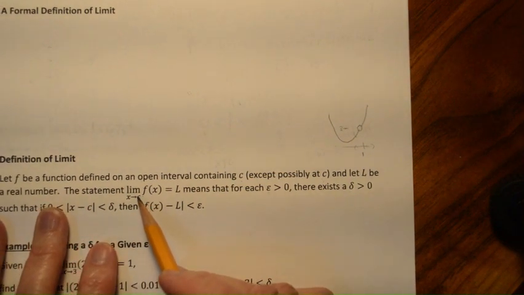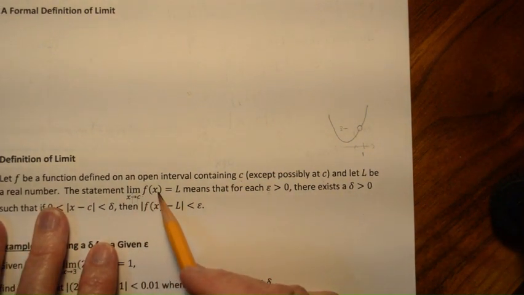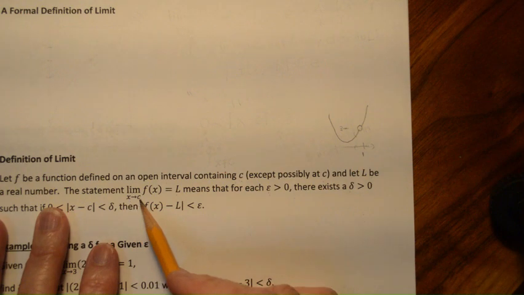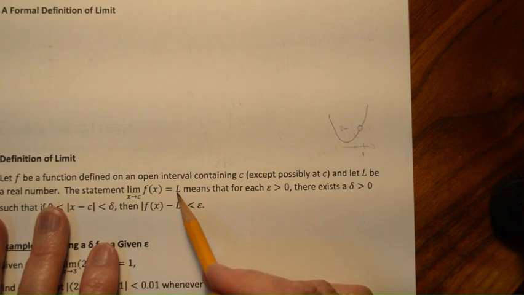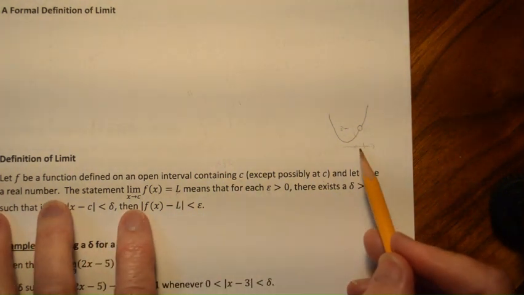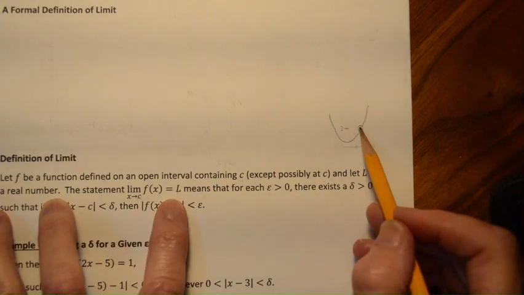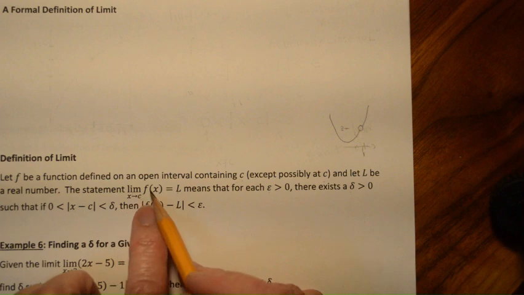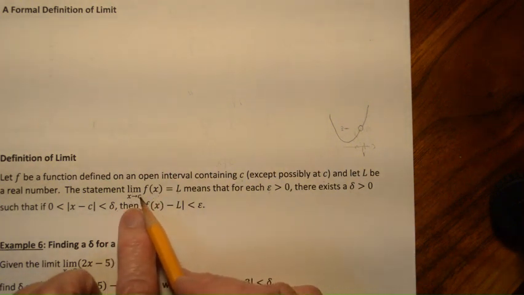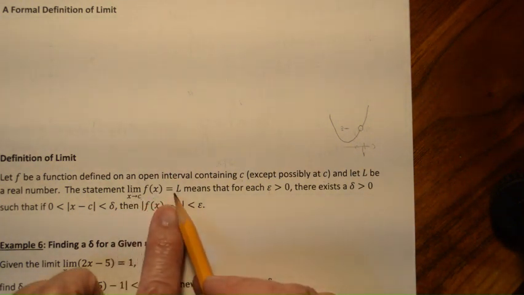The statement that says the limit of the function f of x as x approaches c equals that value L. So again, in that first example that we did together, c is 1 and L is 3. So when we said the limit of that function as x approached 1 is 3, right?